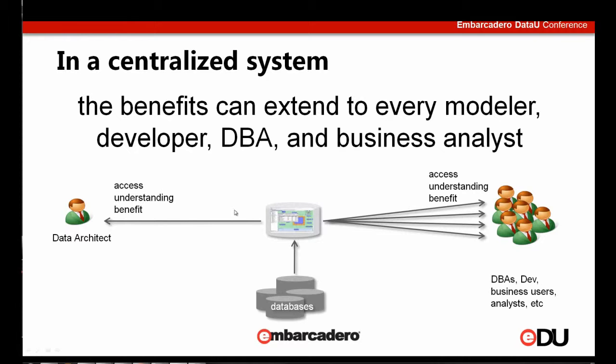It should also be user-friendly, easy for people to search across the models, to track down the objects that they're looking for within those models. And so what we're using in this case is ERStudio repository and ERStudio team server as our centralization and communication platform. I've already gone ahead and added the model to the repository.